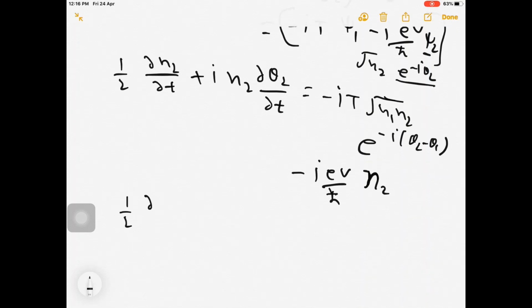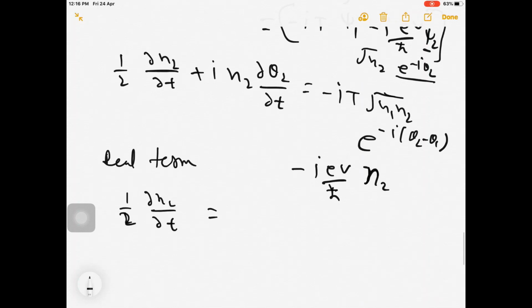So 1/2 ∂n2/∂t is the real term in the left hand side, and in the right hand side the real term will come from the sine term of the exponential.